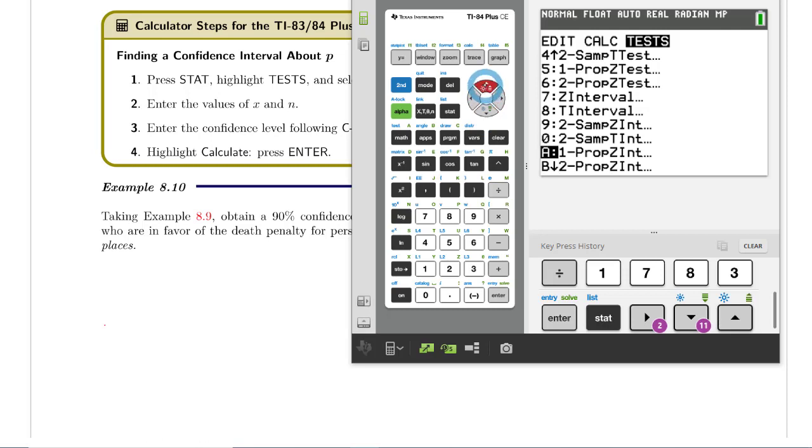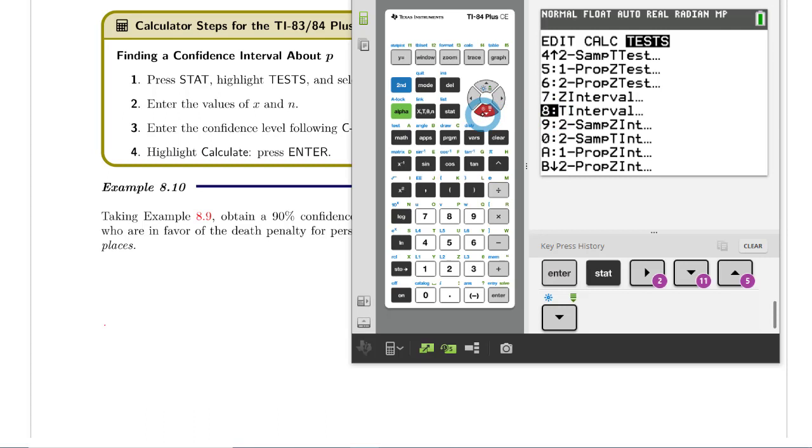Prior to this, remember we did the TInterval in the previous section, and now we're doing 1-PropZInt, which is 1 proportion z interval.